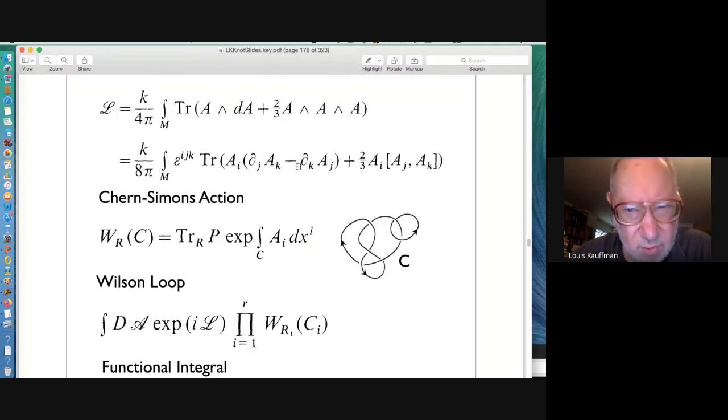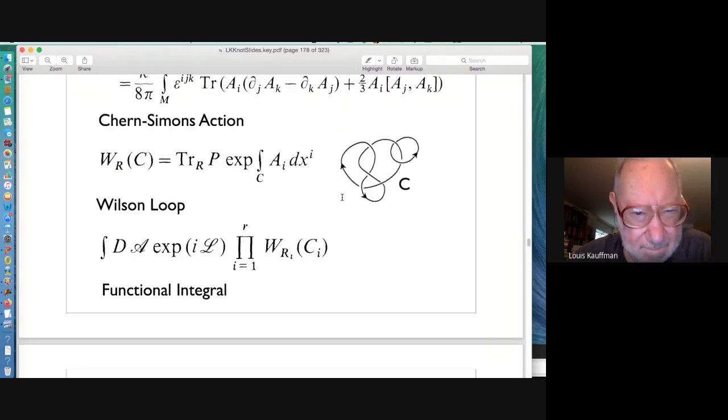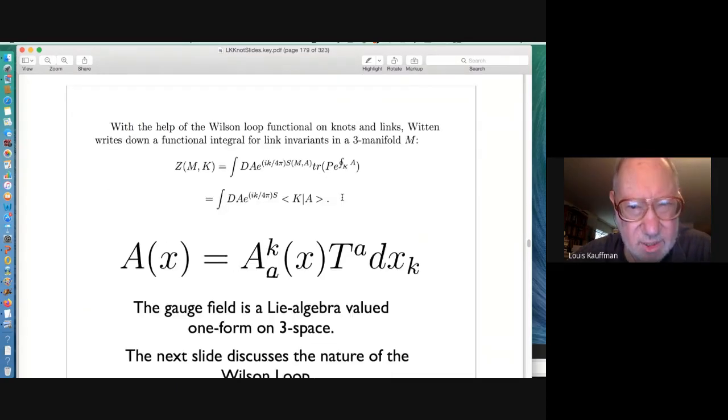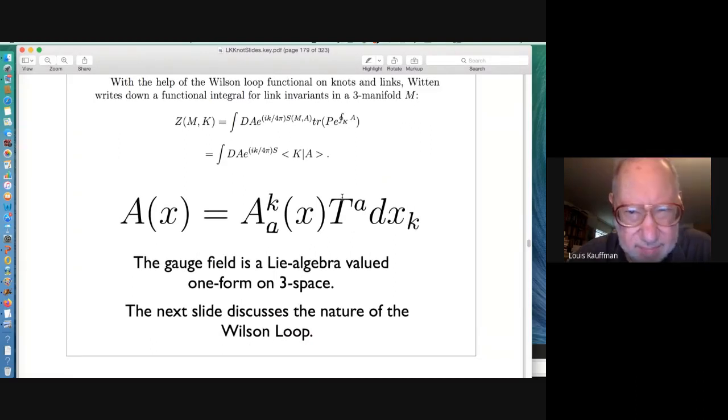But there are also other terms involved, like commutators of the A's, because of the fact that we're wedging here. And so this is looking like A wedge dA. And there's a funny 2/3 in there, but you're seeing that the curvature is floating in there in a certain sense.